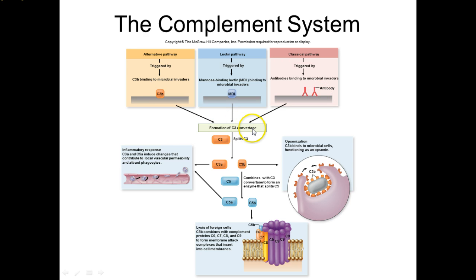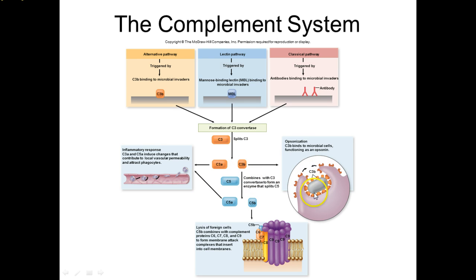It's all going to get the formation of an enzyme that's going to convert C3 into more C3a and C3b. Once that happens, notice it's a chain reaction. C3a is going to elicit inflammation. The next set of major conversions is C5 to C5a, which again is going to specifically call the neutrophils to that area.